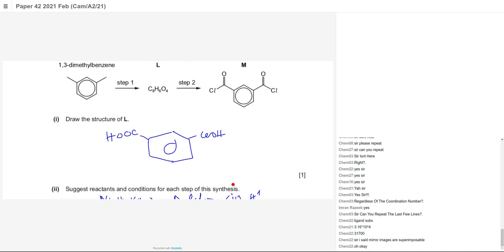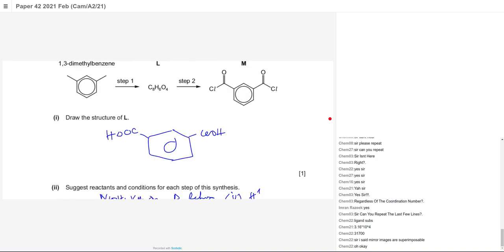Write the equation for step 2. Let me write it here. This is C6H, 1, 2, 3, 4, H4.